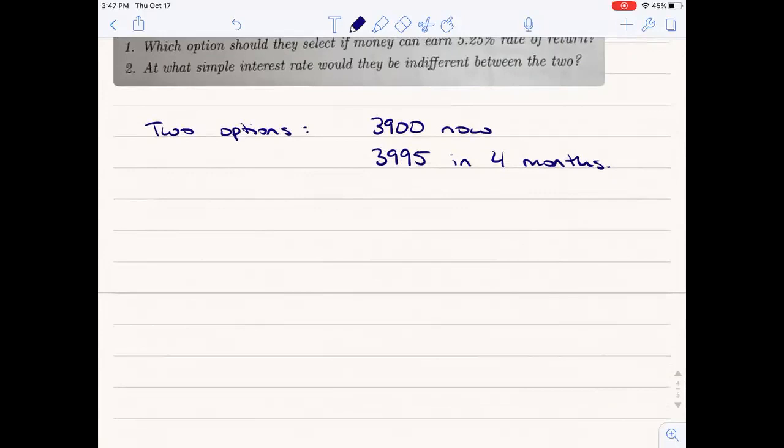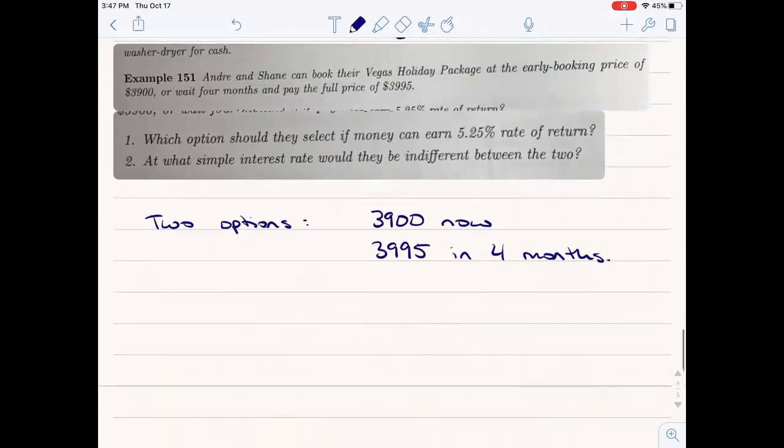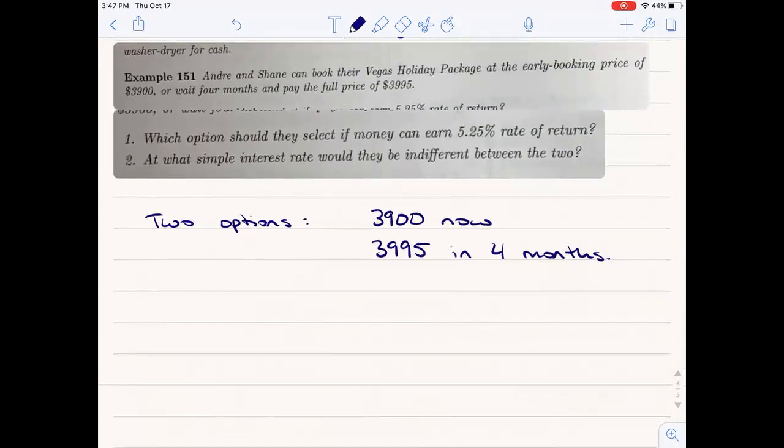So I don't know about you guys, but for me, it makes more sense to look at, okay, well, 3,900, what's that worth 4 months from now? We could have just as well said, what's 3,995 worth 4 months ago, pulling it back.